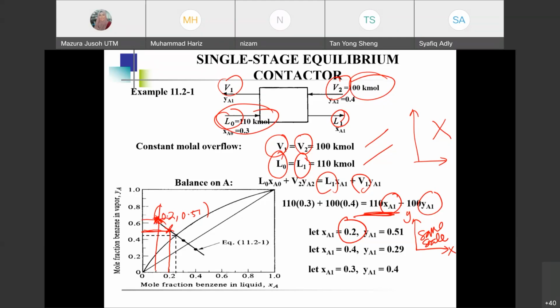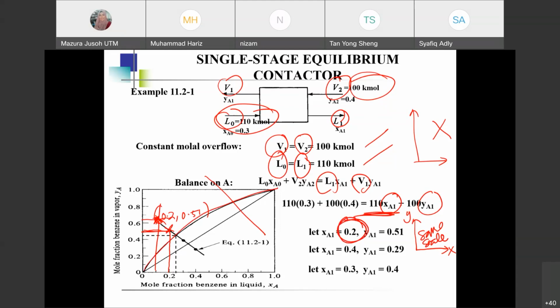All right, the point now is to have a straight line that crosses the equilibrium line. So now you take a value of 0.2, you get a point above the equilibrium line. Now I want you to take another point that will cross the equilibrium line.